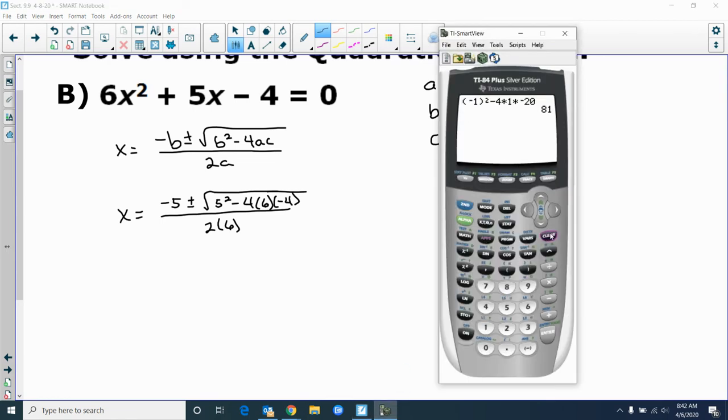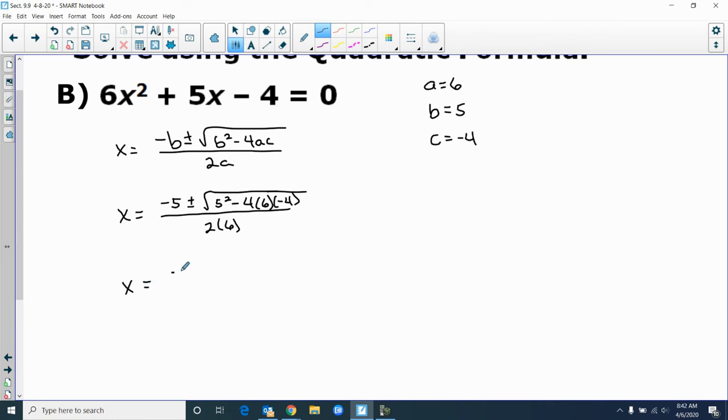All right, figure out what goes underneath the square root. Don't worry about the square root yet. Just take 5 squared minus 4 times 6 times negative 4. And we get 121. 2 times 6 is 12.